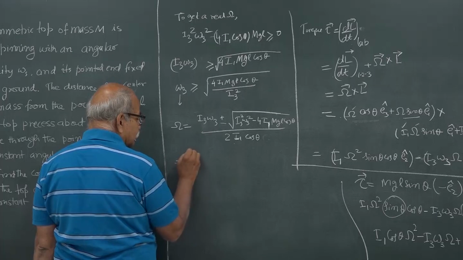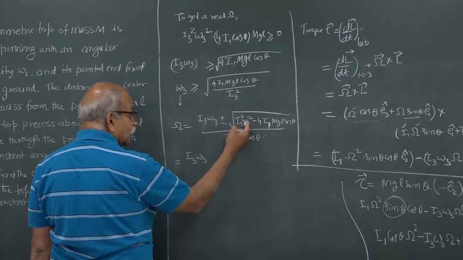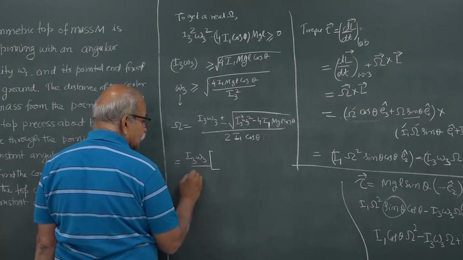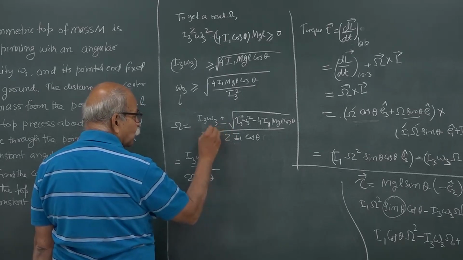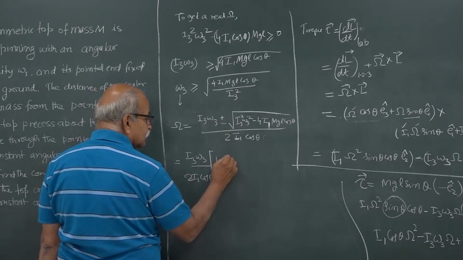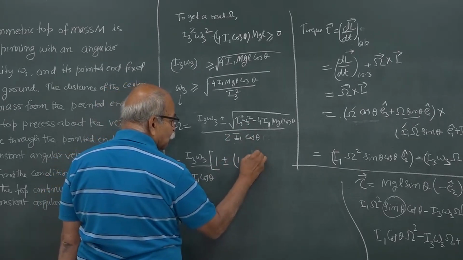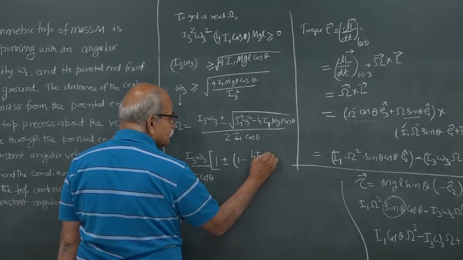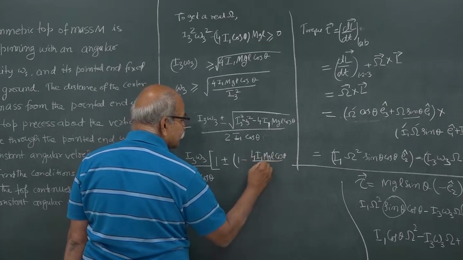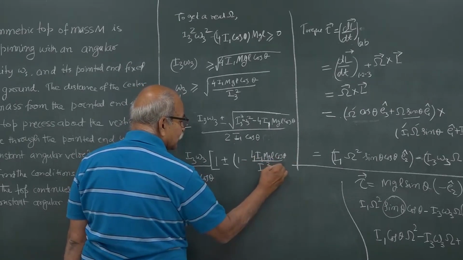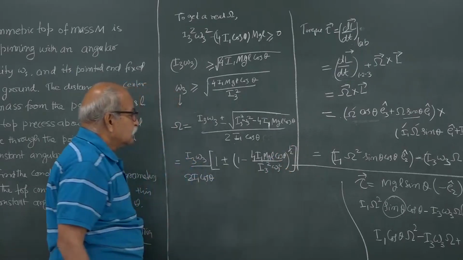You can simplify it a little bit. If you take this I3 omega 3 common out of it, with 2 I1 cos theta here, you get 1 plus or minus square root of 1 minus 4 I1 mgL cos theta divided by I3 square omega 3 square, to the half power, right.